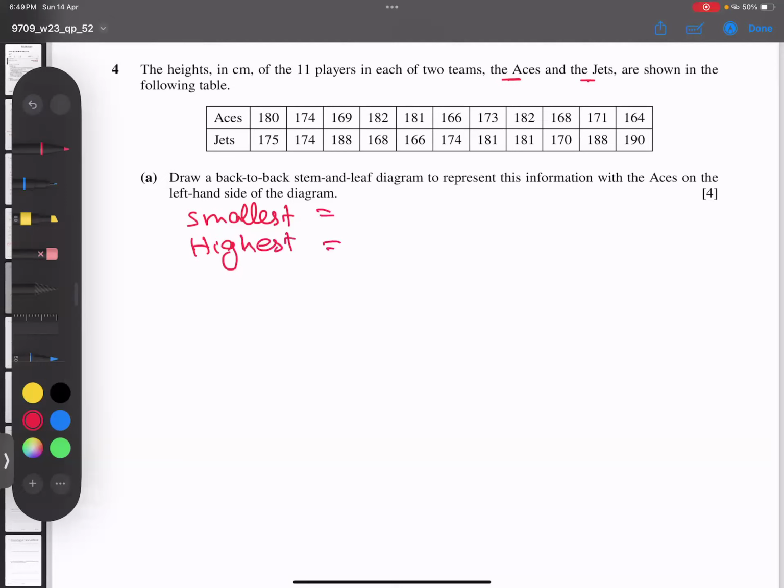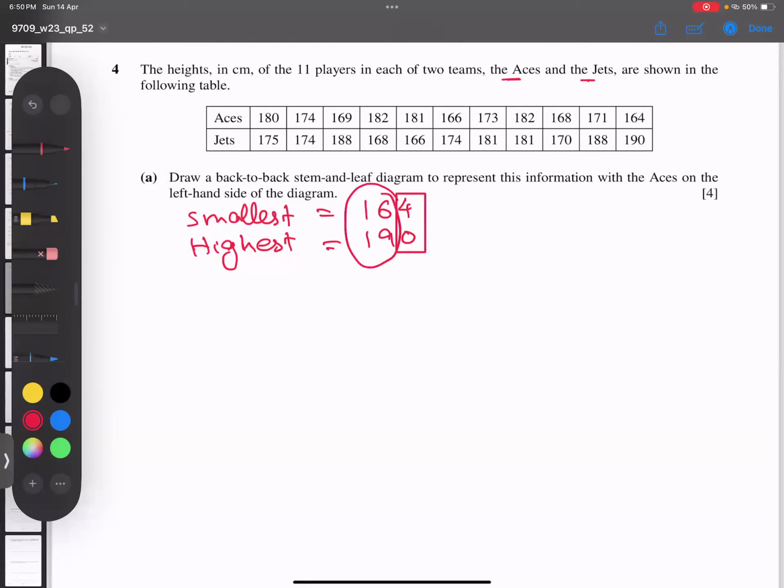If we check the whole table, the smallest number is 164, and the largest number is 190. And always leave 1 digit from the right side.